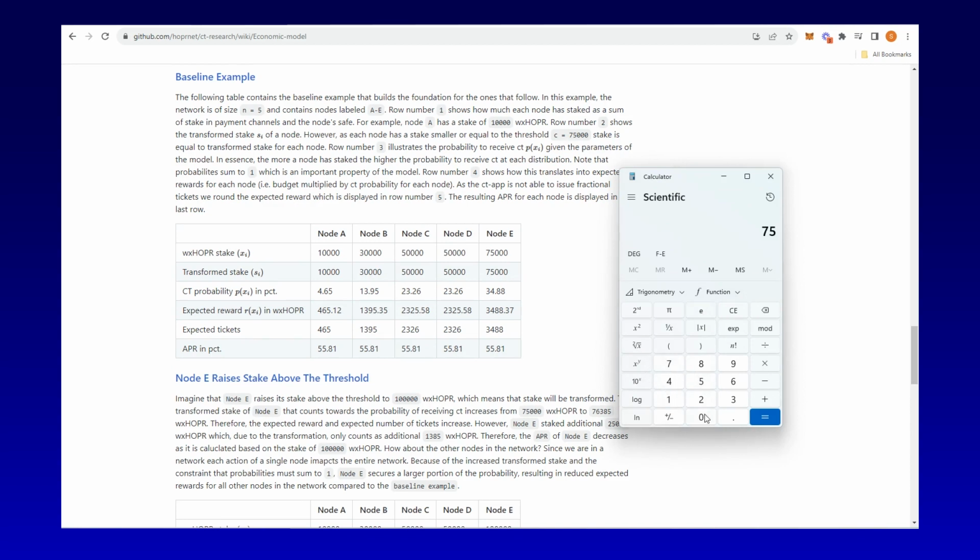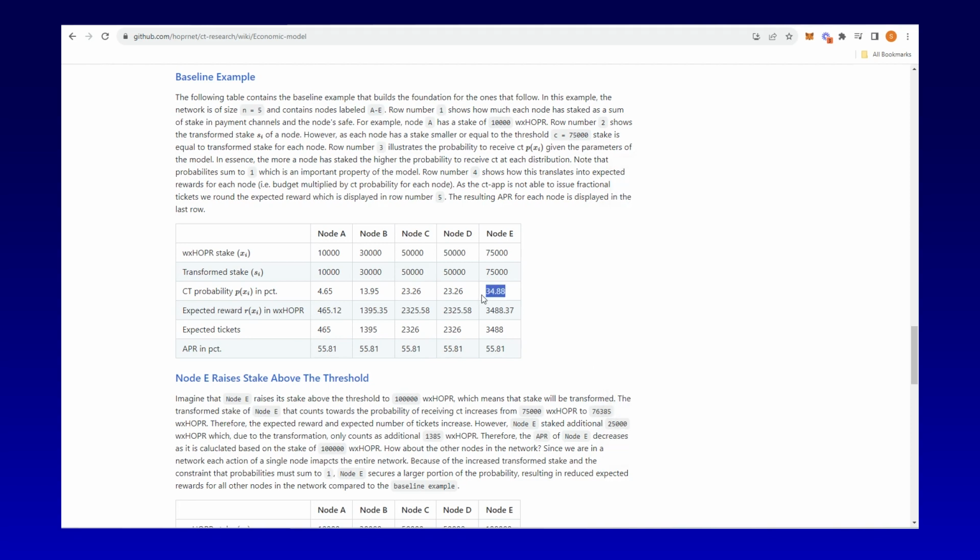To calculate how much node E would earn, we do 75,000 divided by 215,000, the total transform stake in the network. And that gives them a probability of 0.34. So it would earn about 34.88% of the total budget for that month. So it would earn about 3,500 per month, which is actually quite high. APR wise, it means it earns an APR of about 55%.